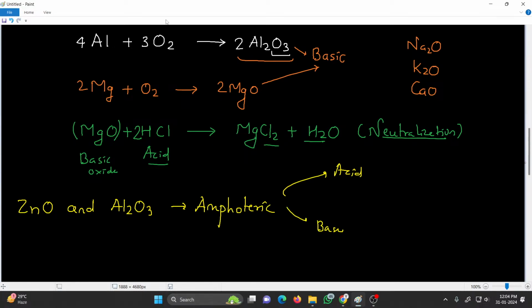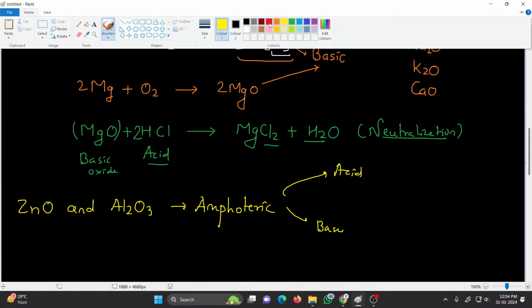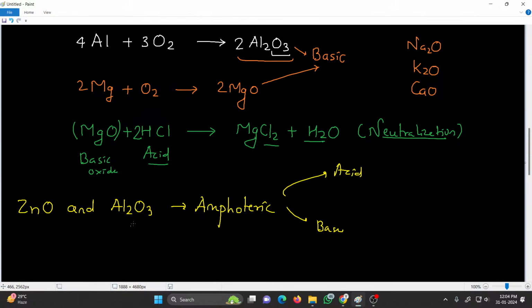If we take the example of aluminium oxide and how aluminium oxide is amphoteric, first reaction we can write Al2O3, aluminium oxide. When it reacts with hydrochloric acid, it gives us AlCl3 plus 3H2O. So this is the reaction of aluminium oxide with acid.